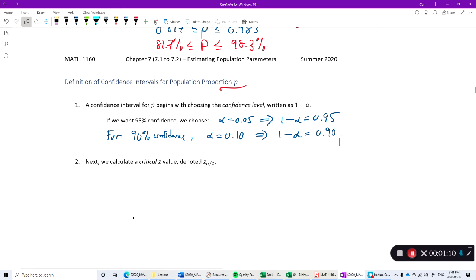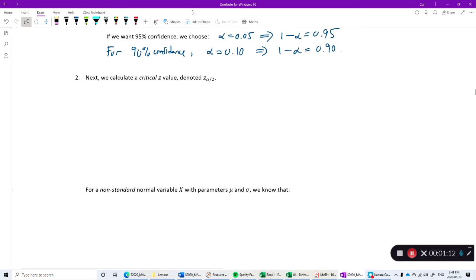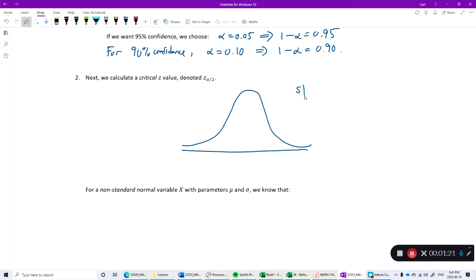Next, we calculate the critical Z value. And what is that? The critical Z value is the Z value for a standard normal distribution. It's the Z value here, which leaves an area of alpha divided by 2 in that tail. Why alpha divided by 2?